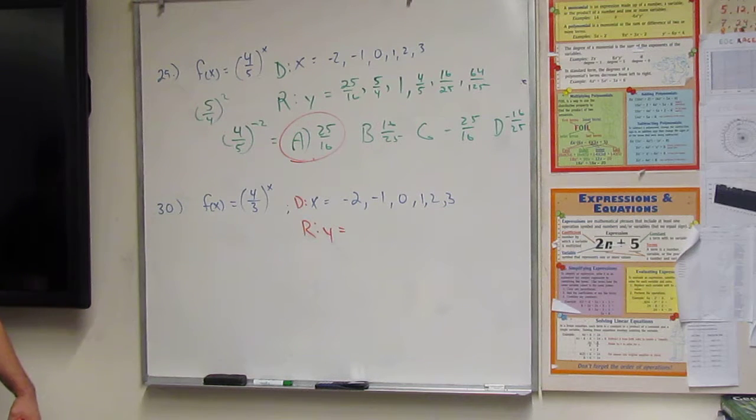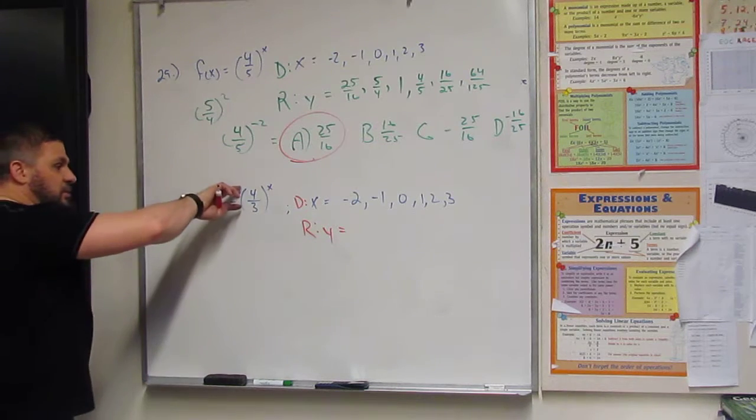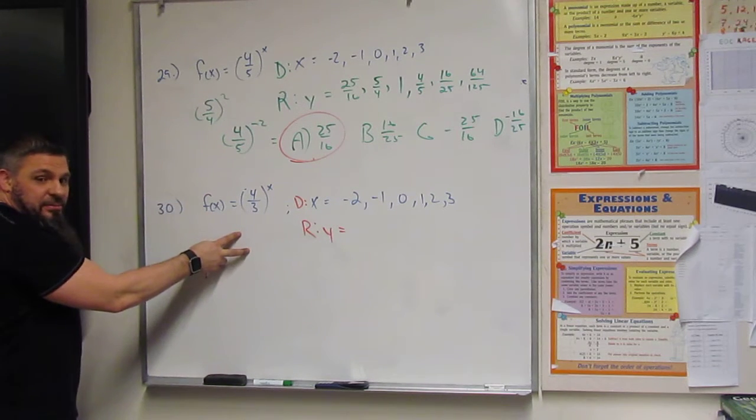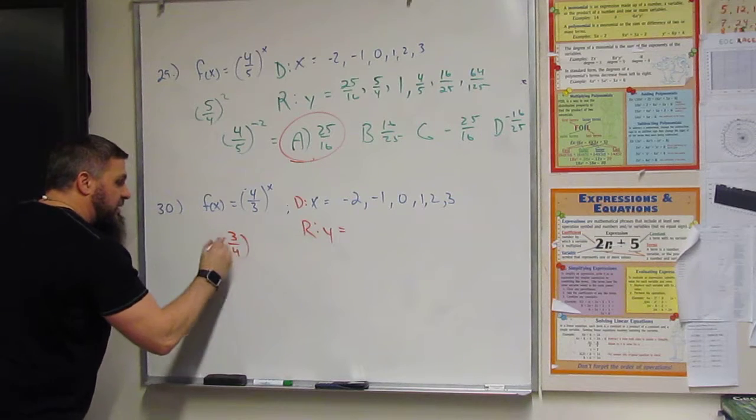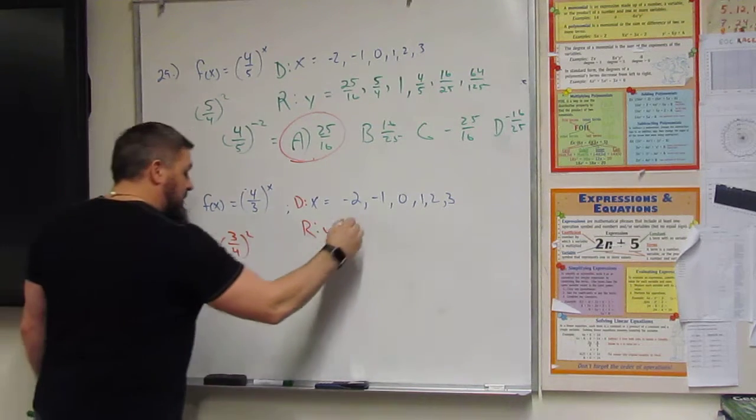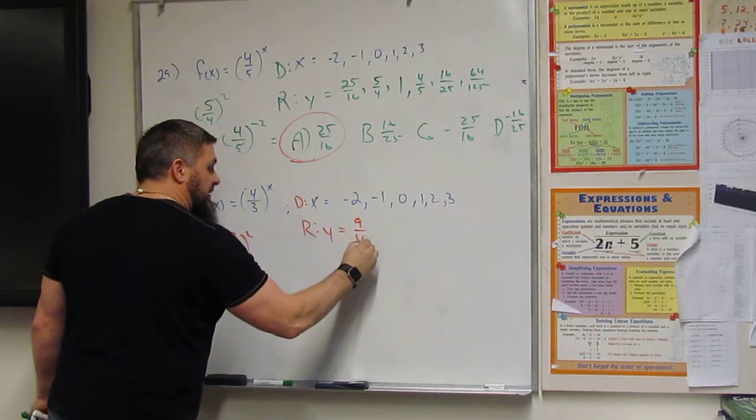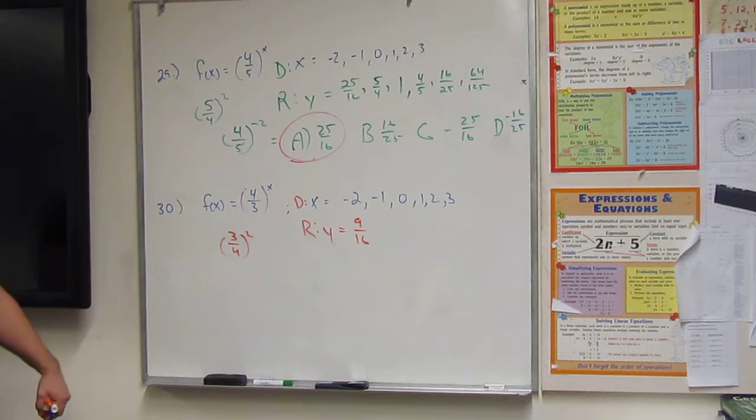What is it? Try again. It's not negative. If it's squared, it's 16 over 9. Yes. See, so if I take this and I flip it, it'd be 3 over 4 squared, which would be 9 over 16. Not negative. I thought you said negative. It is -2.